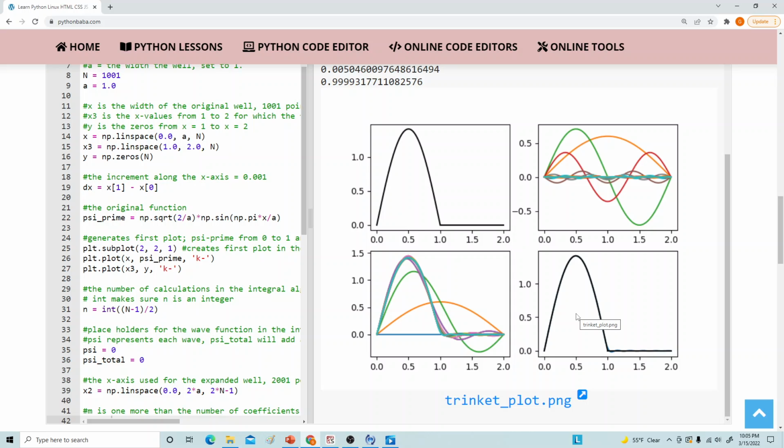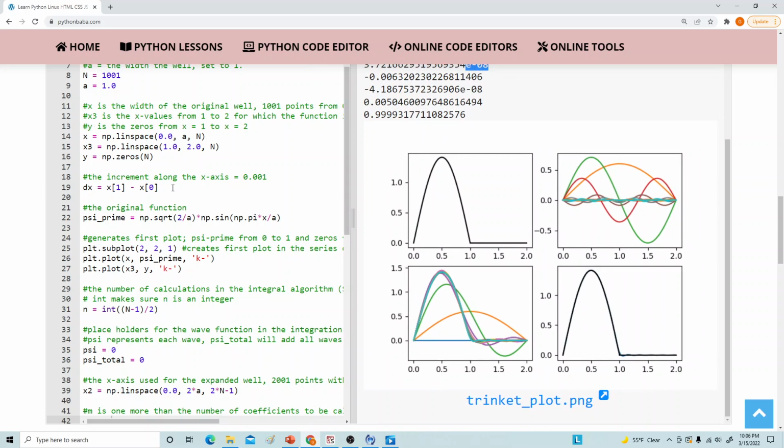And some things to take note of, okay? Some things that we haven't really talked about but are important for higher level computation are, is the interval that I chose right here really appropriate? Now, it's easy for the computer to handle 0.001, but is that really the appropriate value?